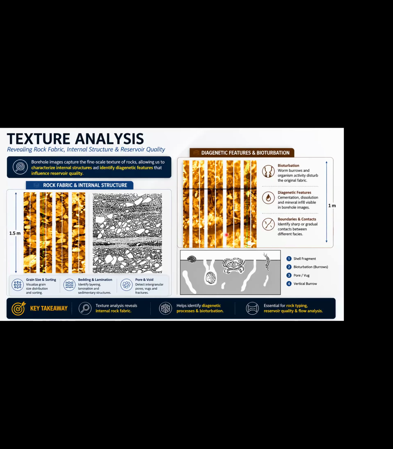Usually bioturbation can destroy the porosity because it can disrupt the uniformity of the bedding, and in some other cases it can create porosity. So this will directly impact reservoir quality and porosity estimation. So it's good to have aids for mapping such changes.